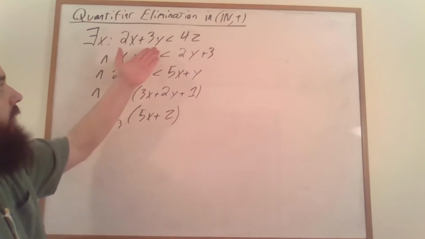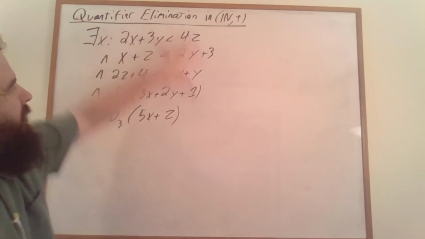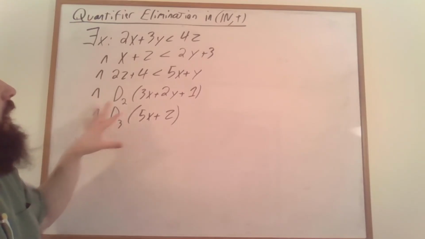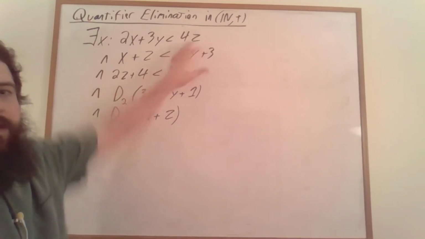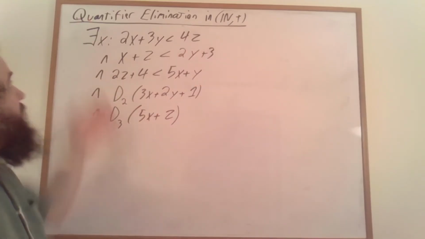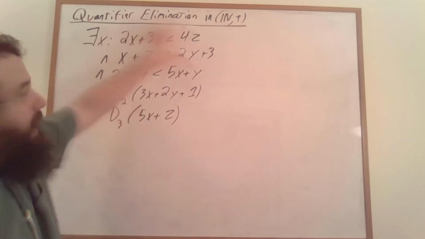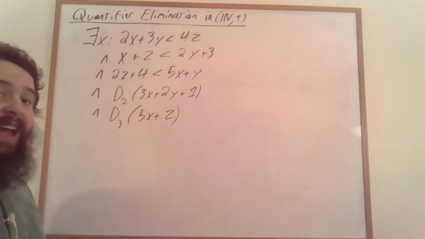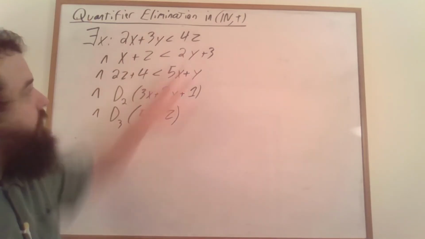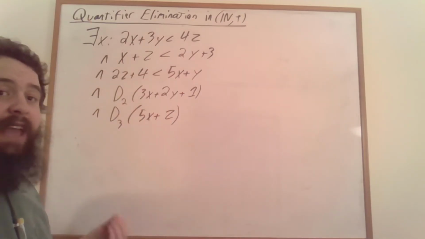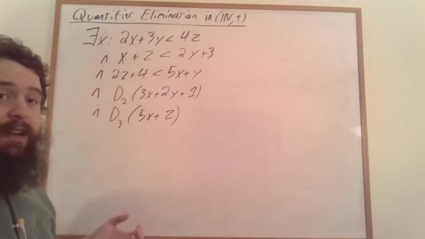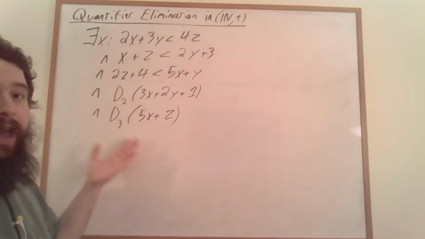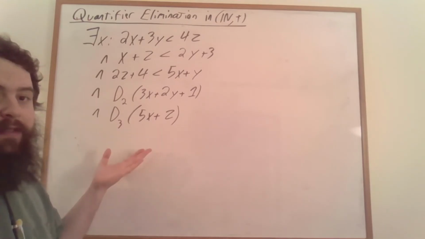Specifically, we'd like to be able to write out some sort of Boolean combination of atomic formulas involving just y and z, some sort of condition that determines whether or not there exists an x making all of this true. And again, our goal is going to be to narrow down, to somehow extract from this a finite list of candidates for values of x, where if none of the candidates is a working value of x, then there are no values of x that make this true.